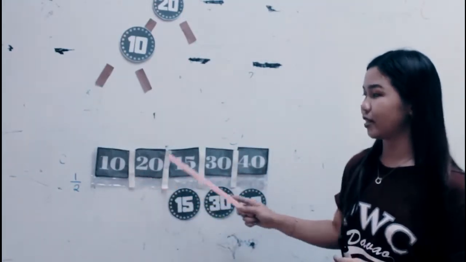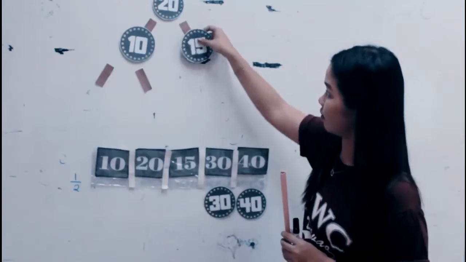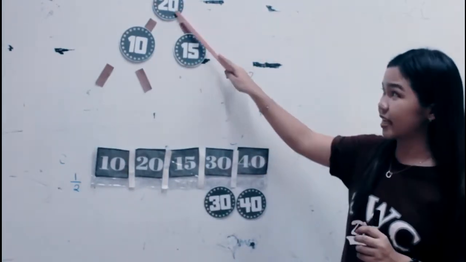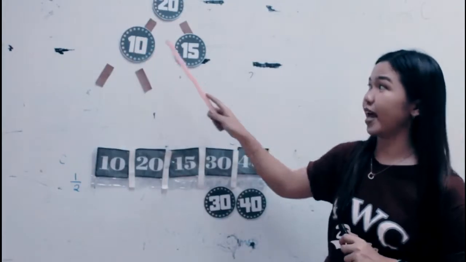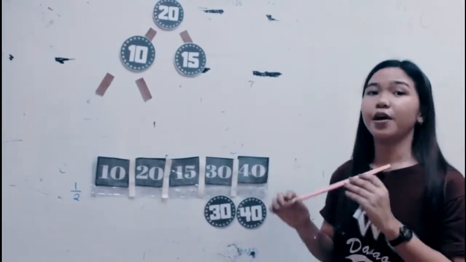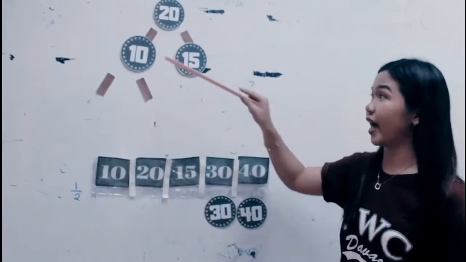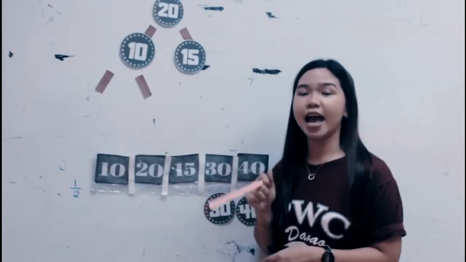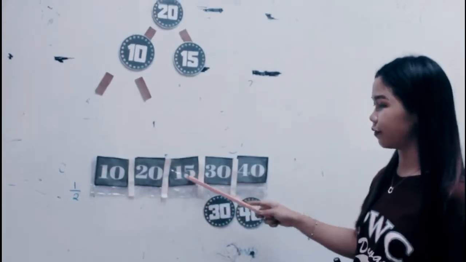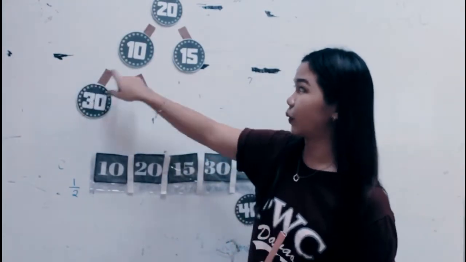After putting 10 and 20, we are now going to put number 15 into the binary tree. So 20 is the root, the left child will be 10 and the right child will be 15. This follows the idea of a heap, wherein this is a complete binary tree and 20 is greater than its left child and right child. So this is correct, no more need to adjust. After putting 10, 20, 15, we are now going to put number 30 at the left child of the parent node 10.